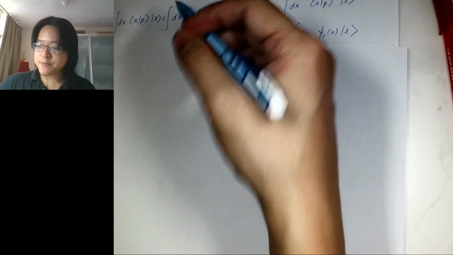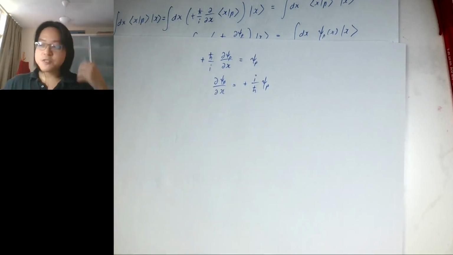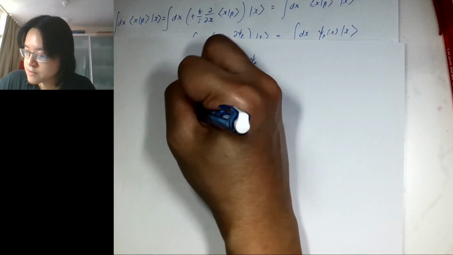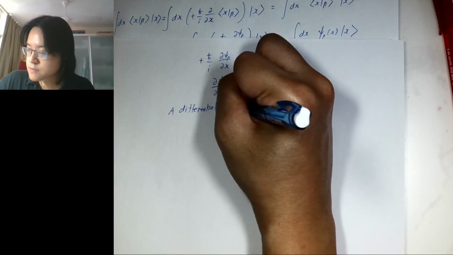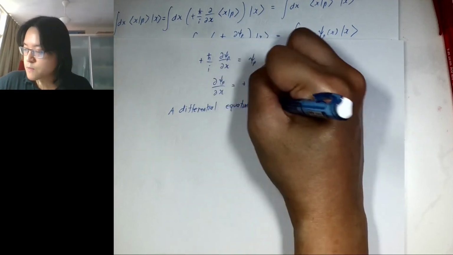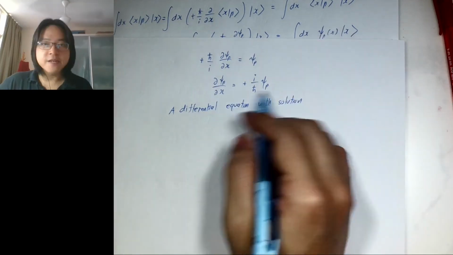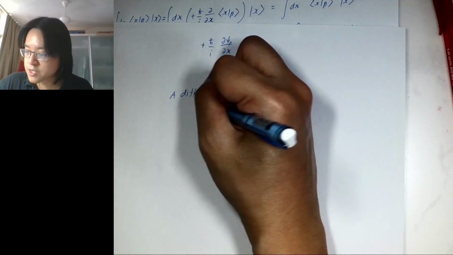I will explain the steps again later, but since we got this differential equation, we should solve this differential equation, right? Well, everyone knows this differential equation. This is just the derivative and then psi. So the answer is the exponential.